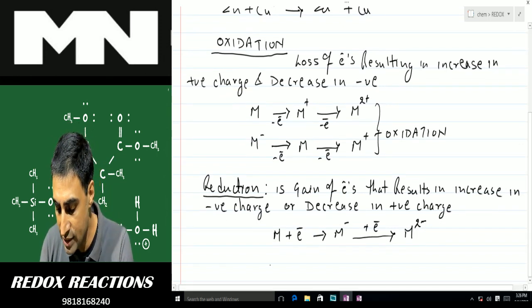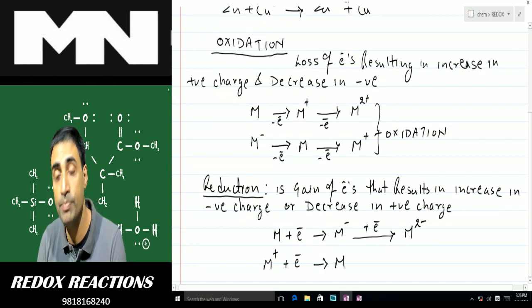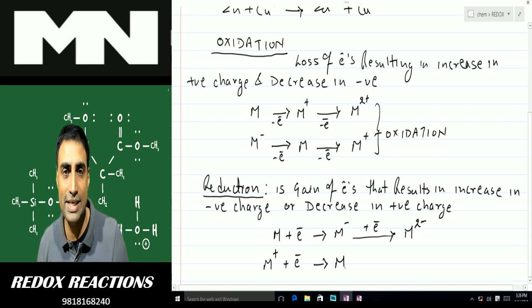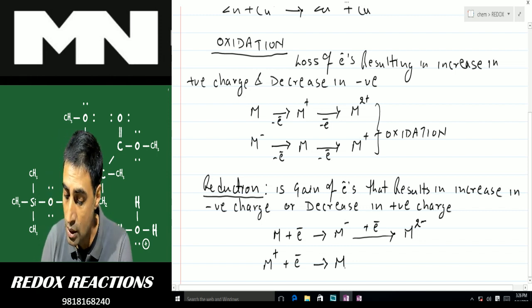Likewise, suppose I have M positive plus electron will give you M. So it will result in decrease in positive charge. Again, oxidation is loss of electrons that results in increase in positive charge and decrease in negative charge. Reduction is gain of electron that results in increase in negative charge or decrease in positive charge.